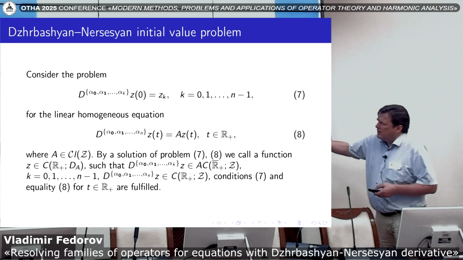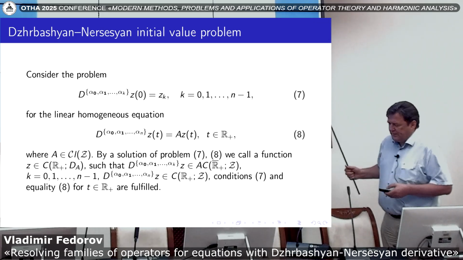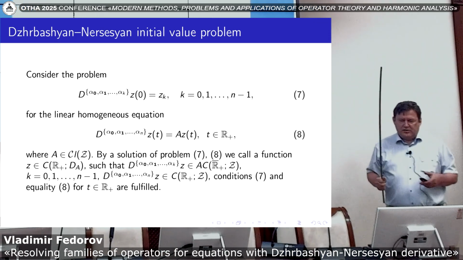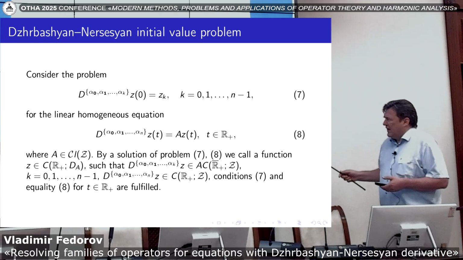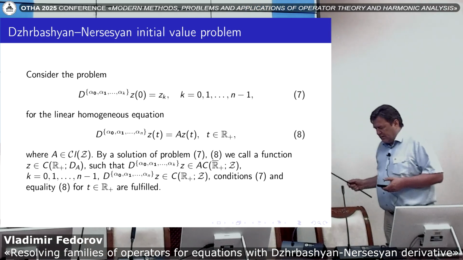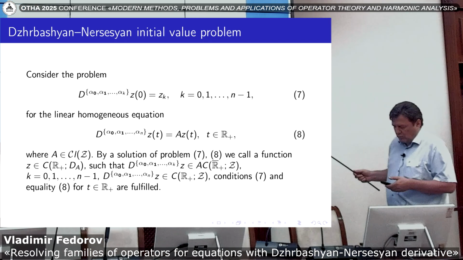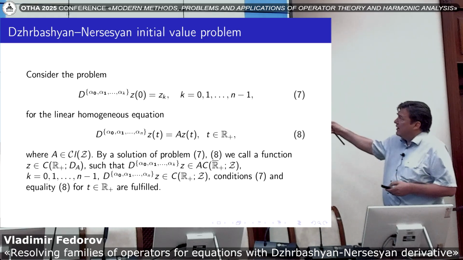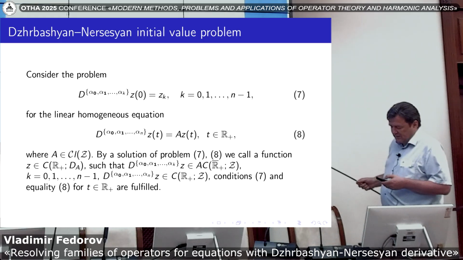And here operator A is linear closed, generally speaking unbounded. And here we have a definition of a classical solution of problem 7-8.